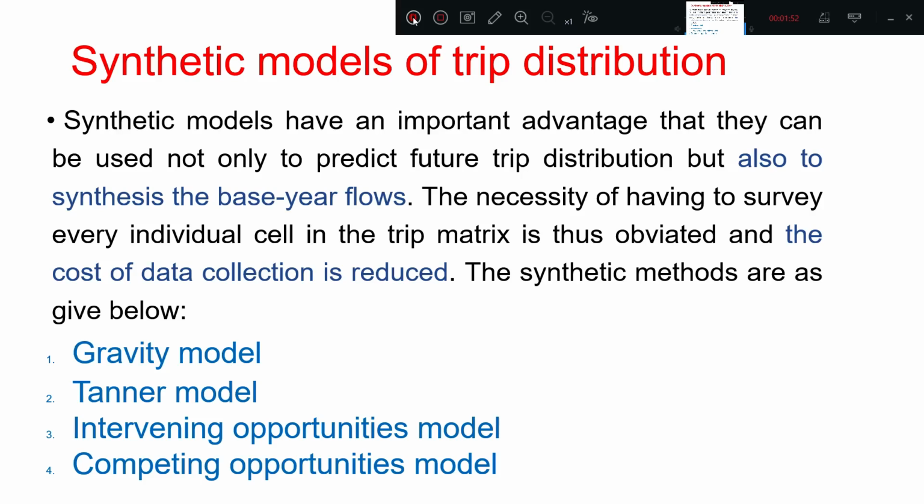In this synthetic trip distribution, specifically with respect to the gravity model, this is one of the well-known synthetic models, and it is based on Newton's concept of gravity.